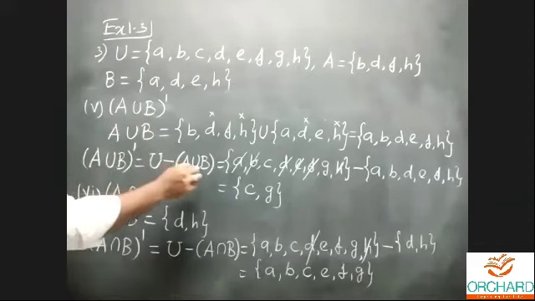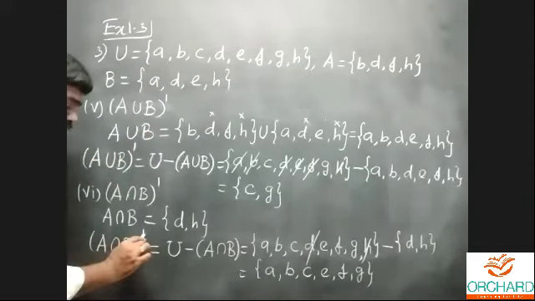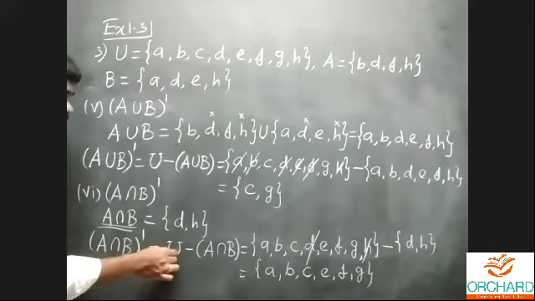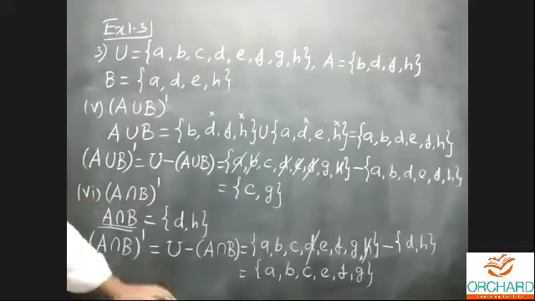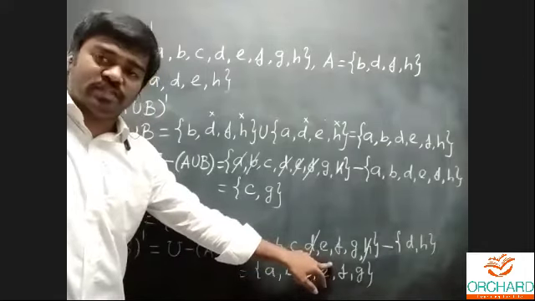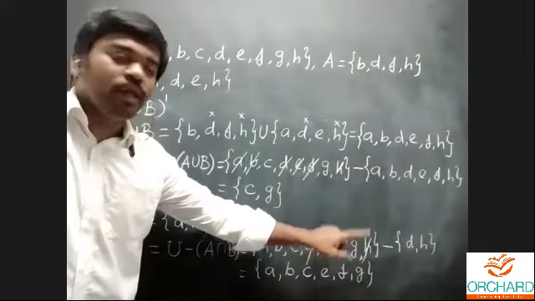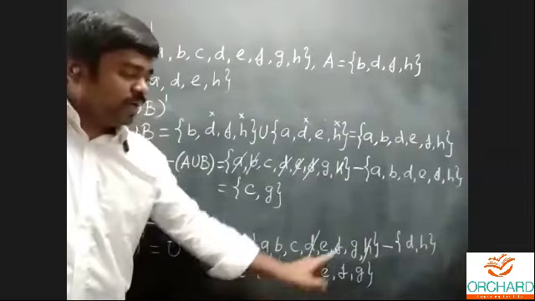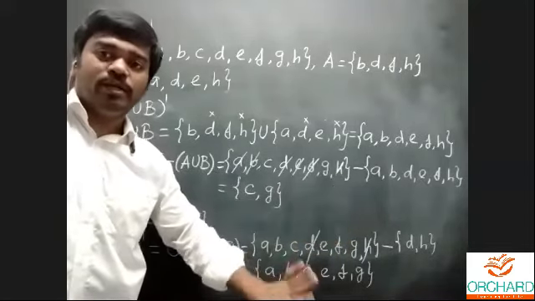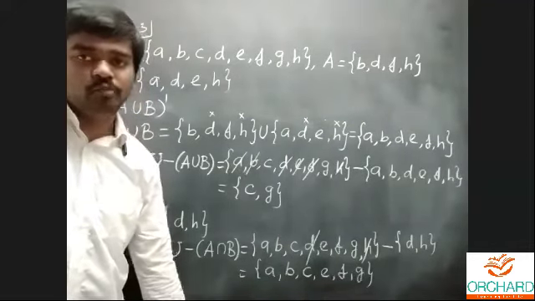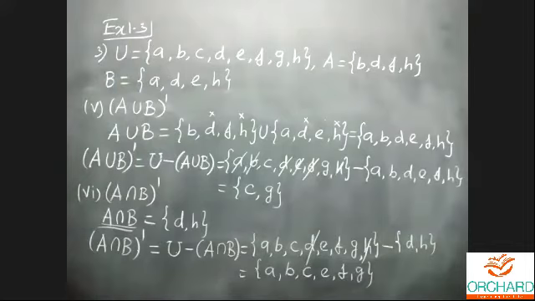Universal set difference A union B. Then for (A intersection B)', first we identify A intersection B. Next we identify the complement, the universal set difference A intersection B. Remove the elements of A intersection B from the universal set, the first set, and write down the remaining elements after removing D and H. Those elements are not members of the complement set. Copy these two subdivisions.